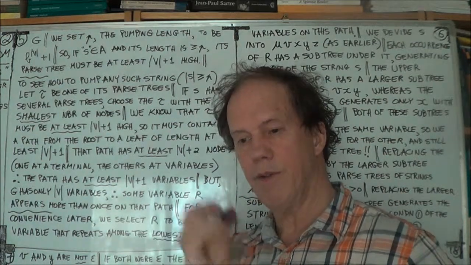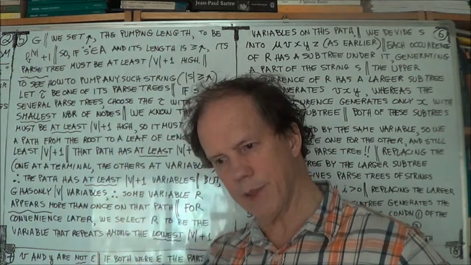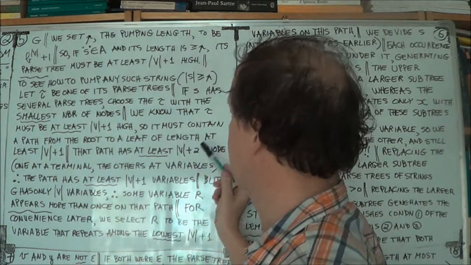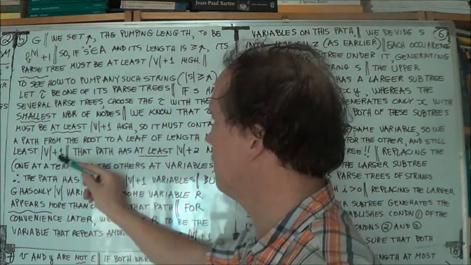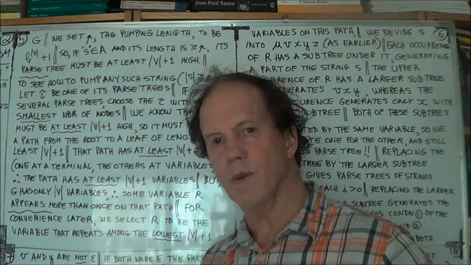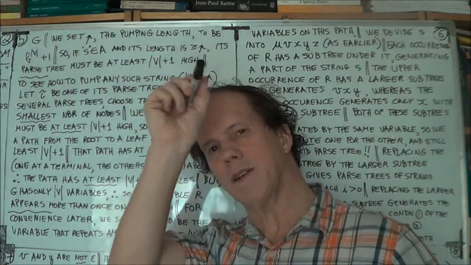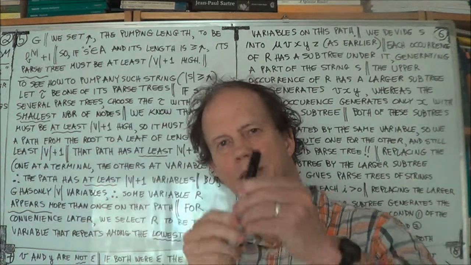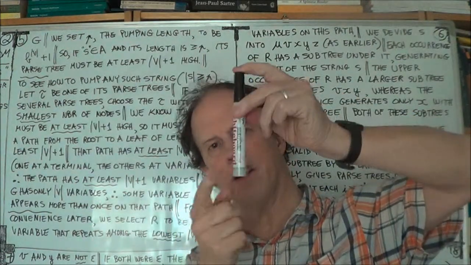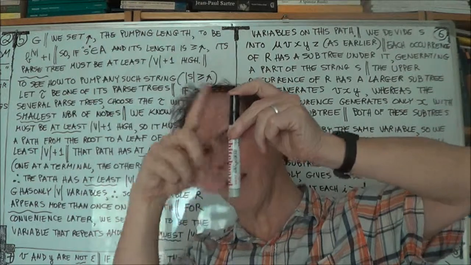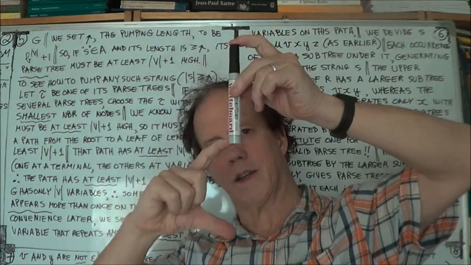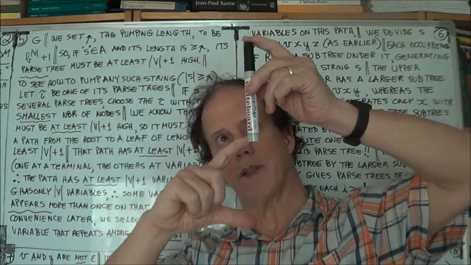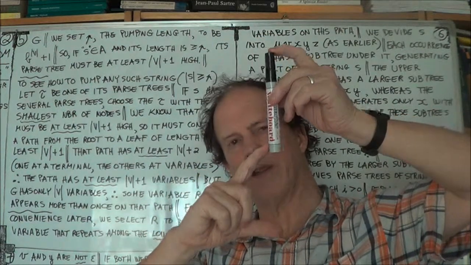Okay, so if the depth, the number of steps, is at least this, the number of nodes is one more, because you start with a start node. If you have just one step, you have a node here and a node here, so you have two nodes. If you have two steps, now you've got three nodes.